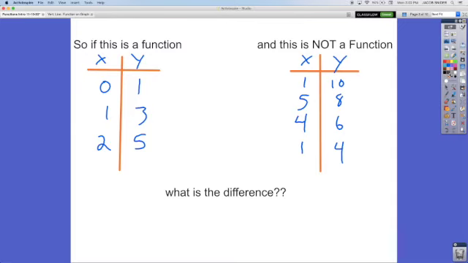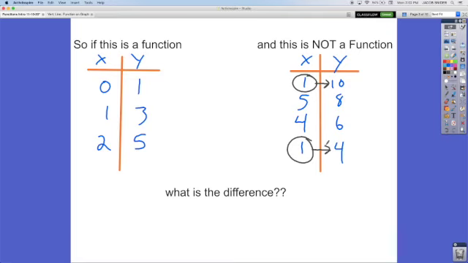The difference is to look at my x values. When my x values repeat, here and here, if I plug 1 in, I get a 10, or I can get a 4.